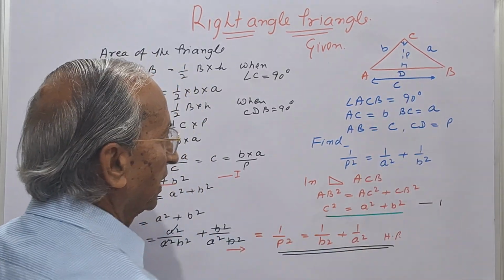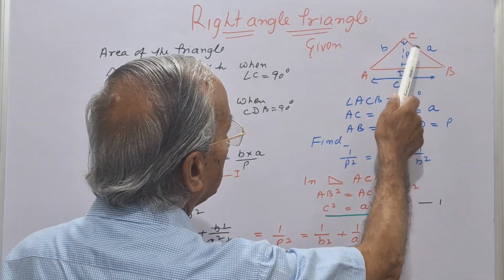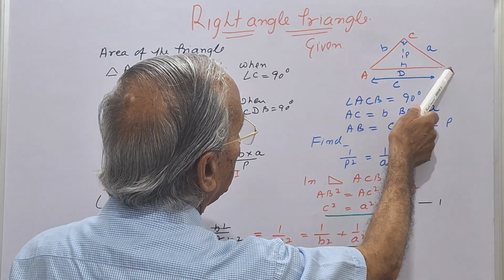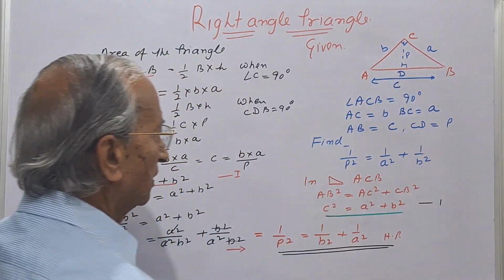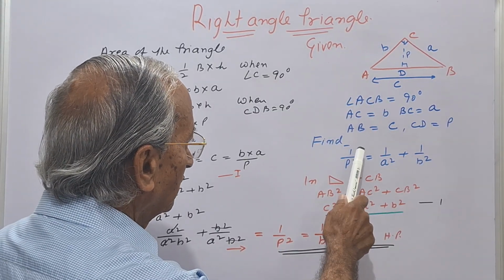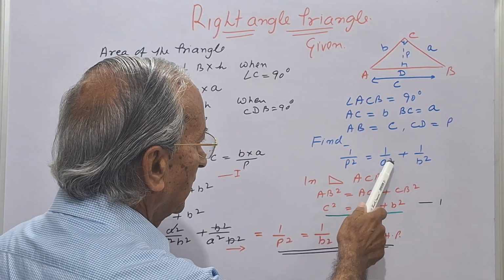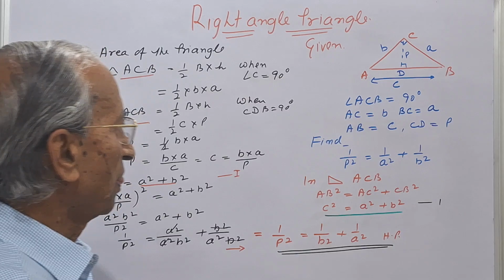At C it is 90 degrees, and sides AC is B, CB is A and AB is C. We have to find out 1 upon P square is equal to 1 upon A square plus 1 upon B square.